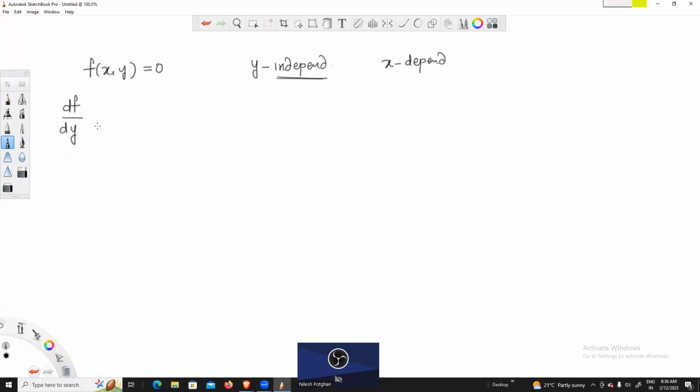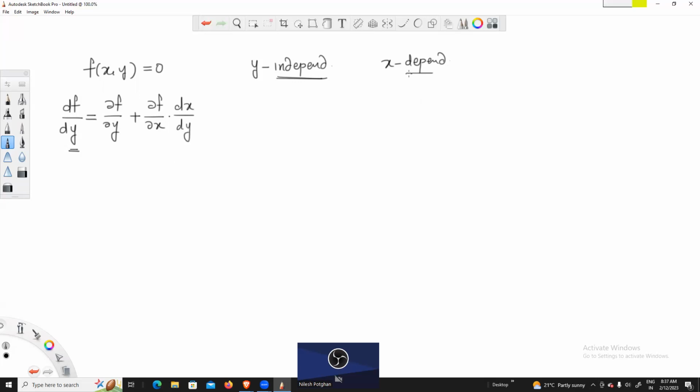So how to find again this total derivative? I need to consider f being a function of x and y both, so I need to bring in partial differentiation. So this is del f over del y into dy upon dy, which is 1, plus again the dependence of x, so del f over del x into, as I am differentiating with respect to y, the derivative of x with respect to y according to the chain rule.